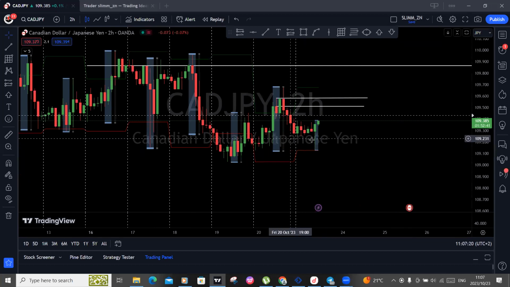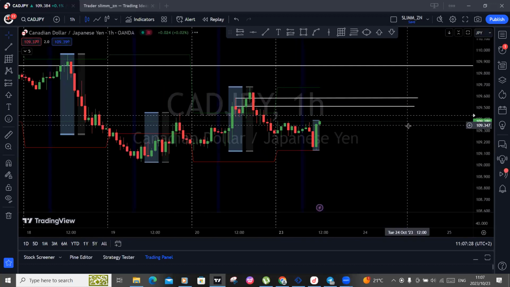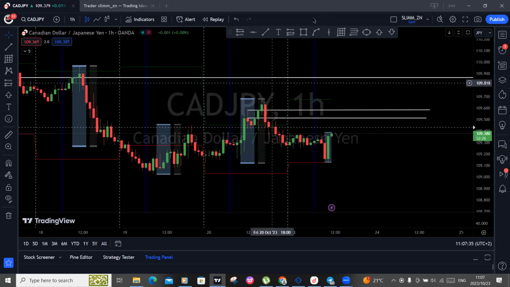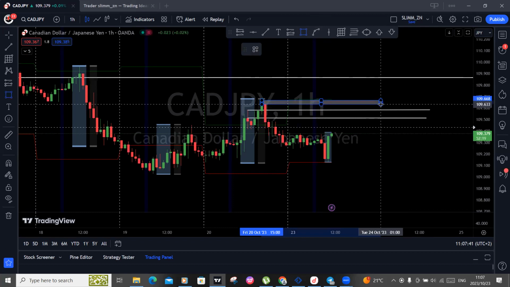Hours, lovely stop hunt here, so aggressively pushing up. 1 hour. Okay, this price will most likely come to this zone.